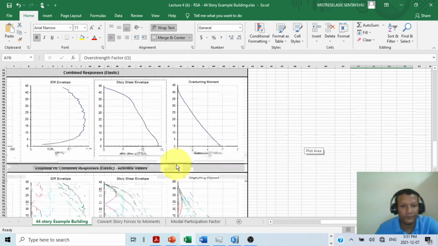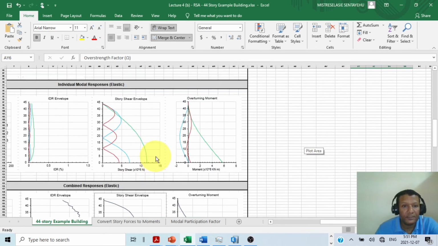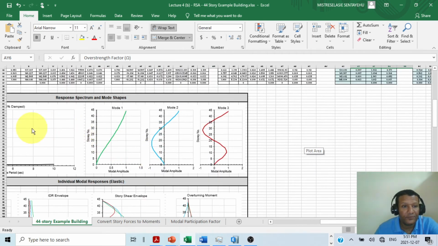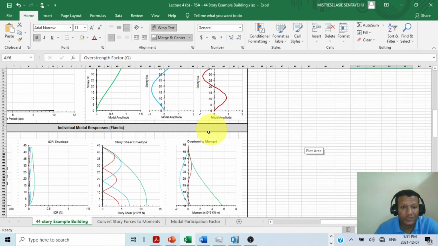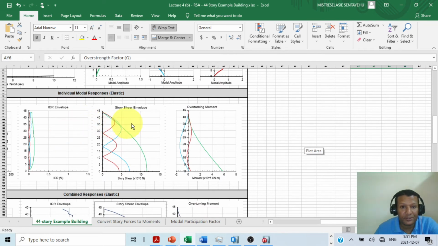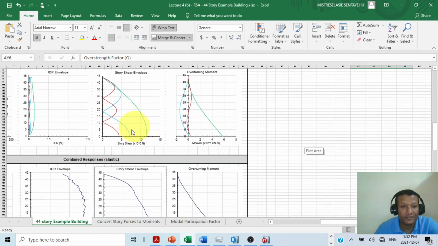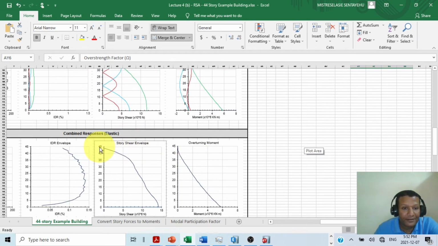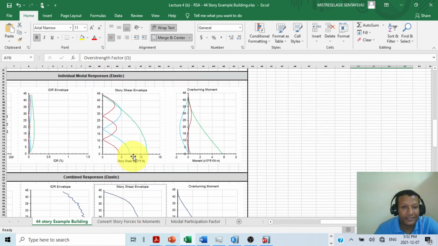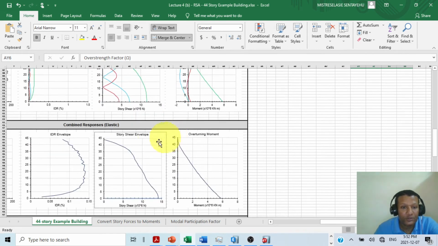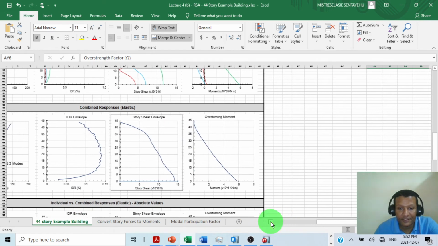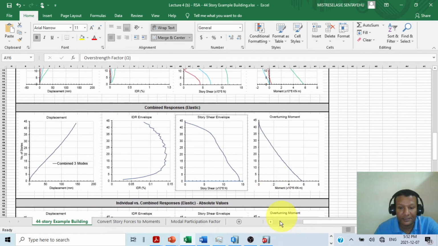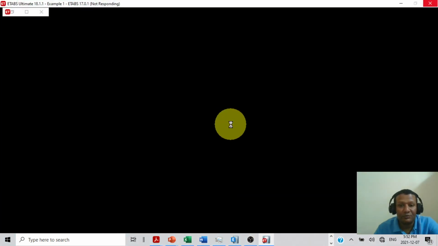Okay, so as you can see, this is mode 1, mode 2, mode 3. This is inter-story drift ratio, this is overturning moment, and combined response elastic. This is individual, this is combined response elastic. The same thing, the result is supposed to be the same.